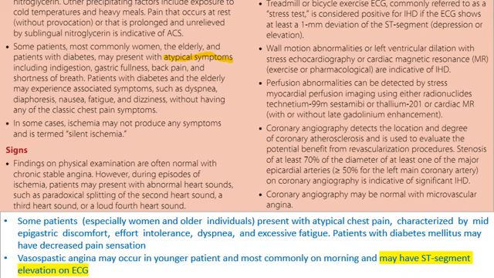In vasospastic angina, the problem may cause a sign on the ECG similar to what? To MI, which is ST segment elevation, and the chest pain occurs more commonly in the morning.